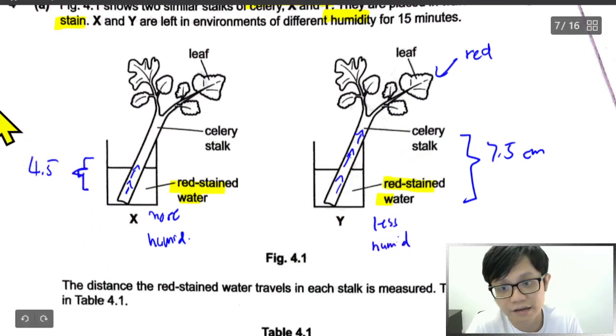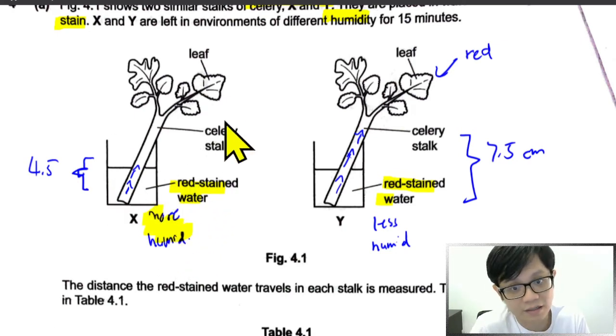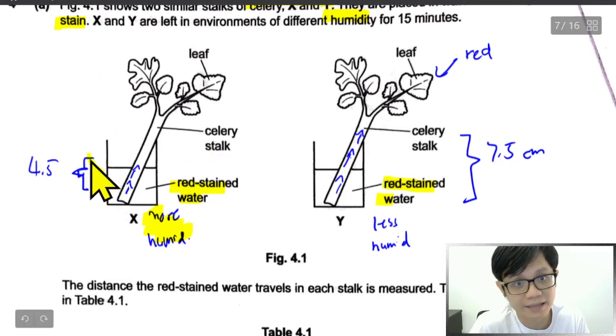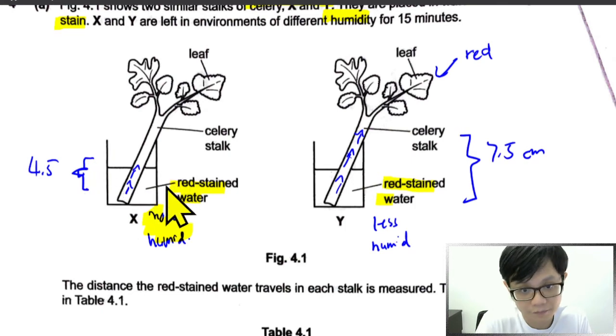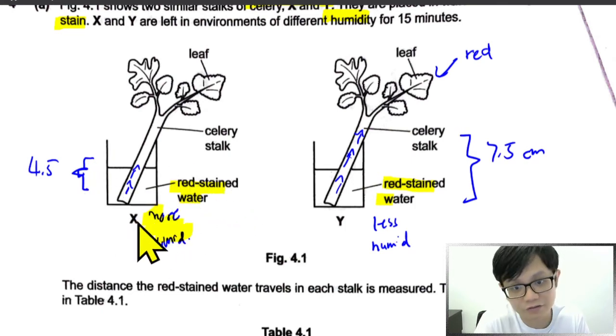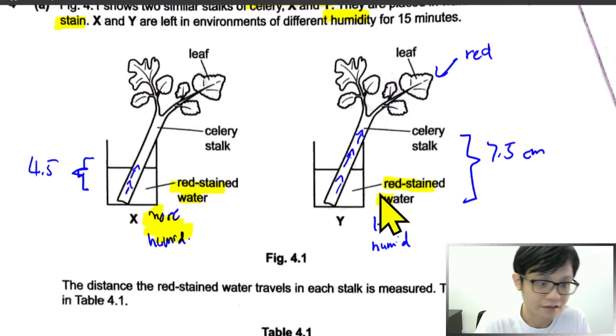The assumption that I make is this is more humid. Because it's more humid, there is more water in the surroundings of the plant, so the plant tends not to absorb too much water. Of course you cannot see water, that's why they put coloring. We just want to see the absorption of water. We cannot see water, but we can see the coloring, and this one is the red stain.